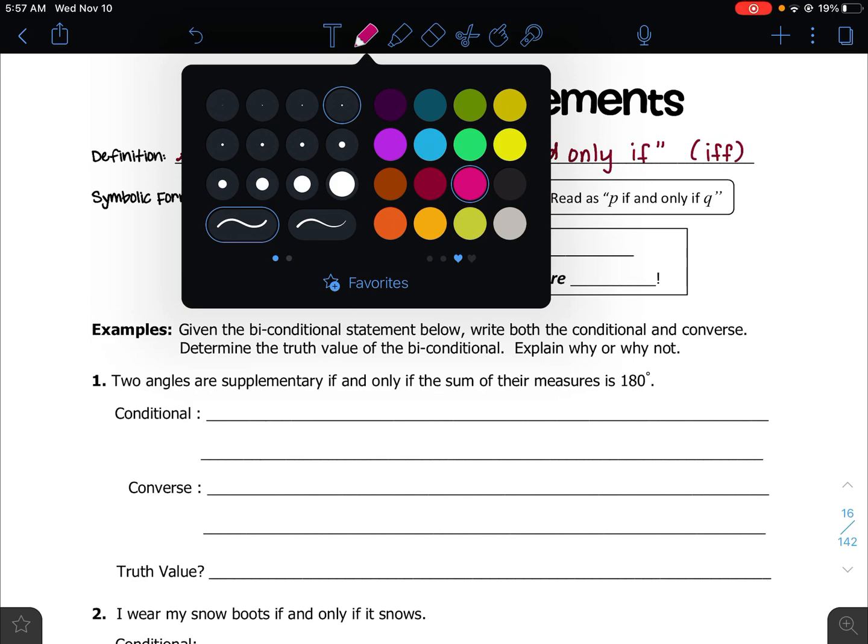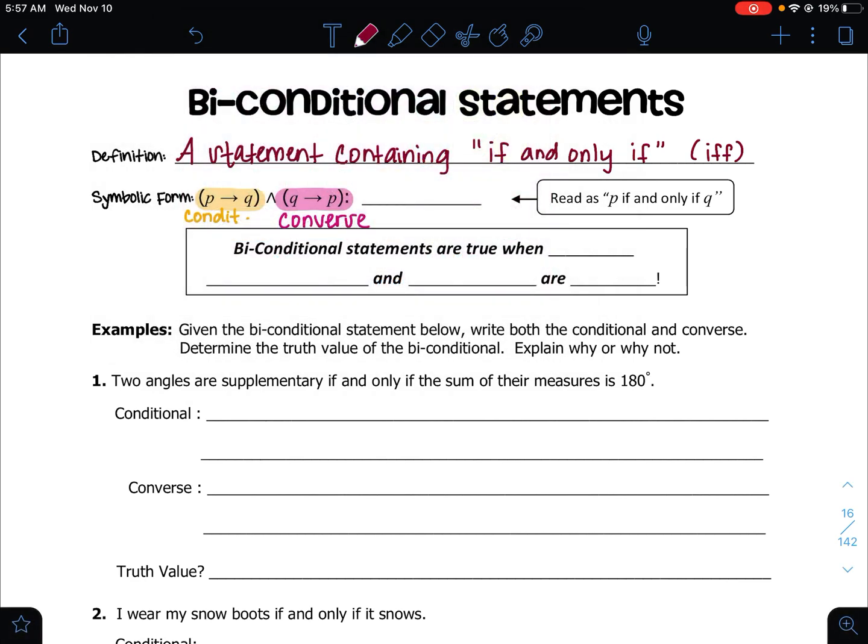When you do that, you end up with a statement that goes both ways, right? Because it was from P to Q, then it was from Q to P, so now it's both ways. So it's read as P if and only if Q.